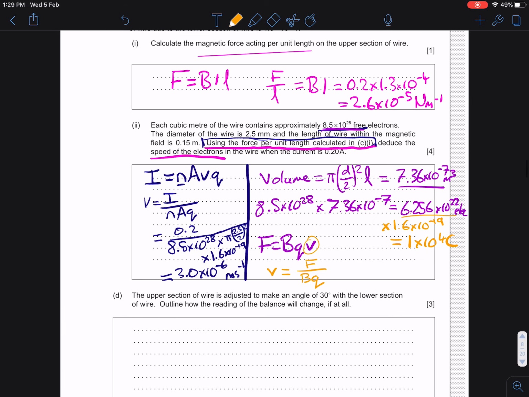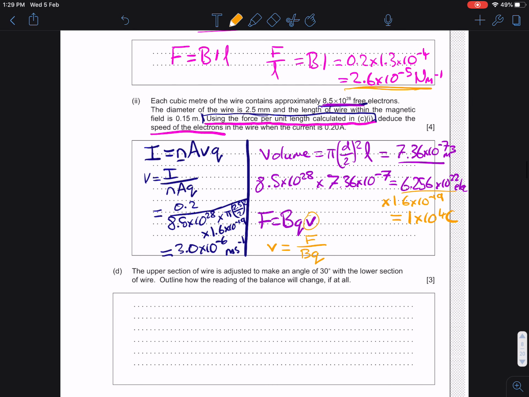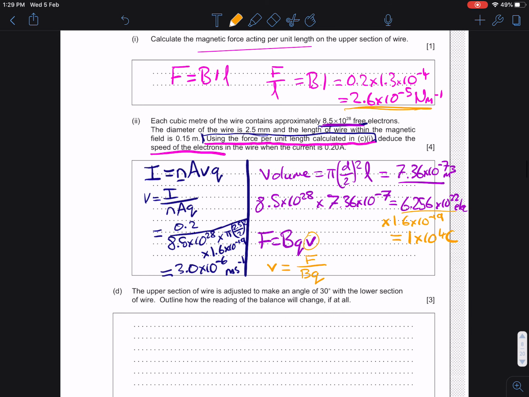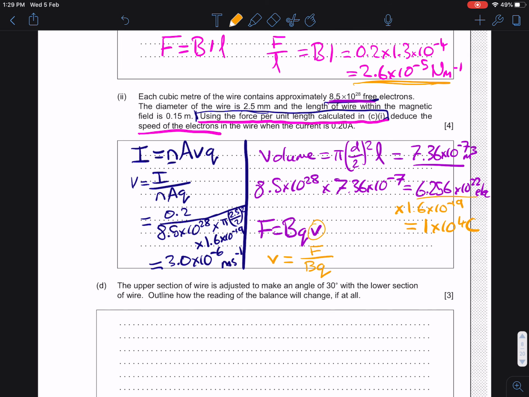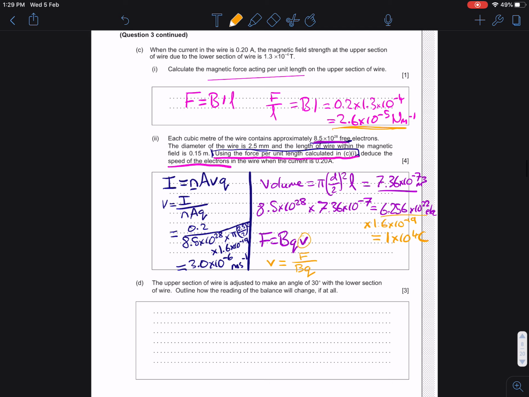The force we calculated up here, this is what it's saying we need to use in the equation. So the force is this, but remember this is force per unit length, so we've got to multiply by the length.